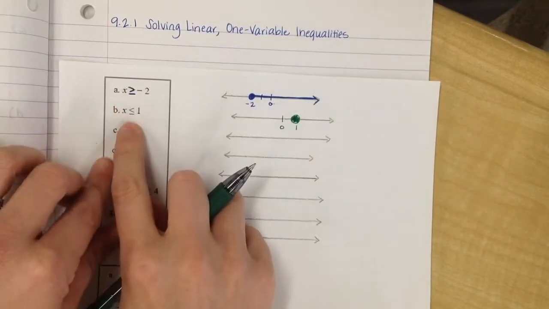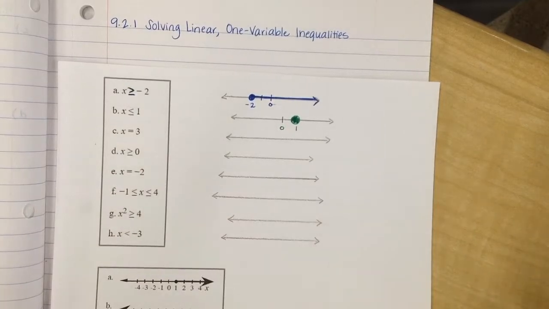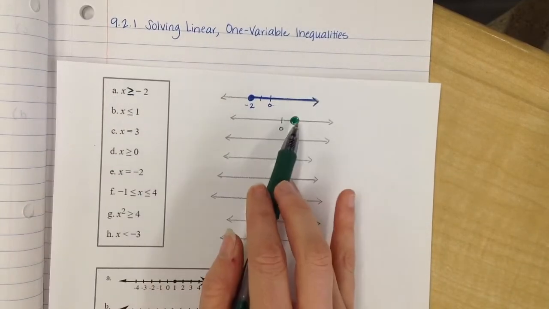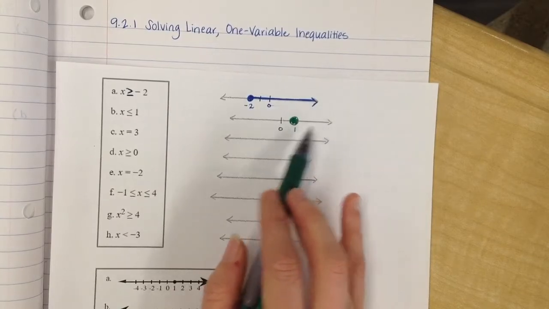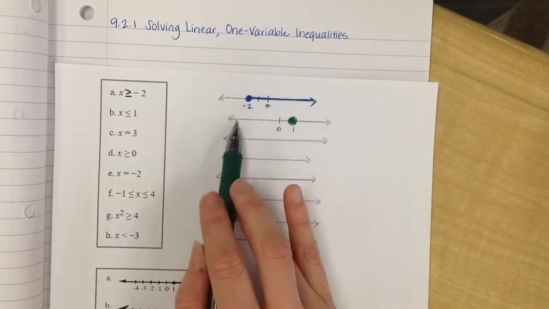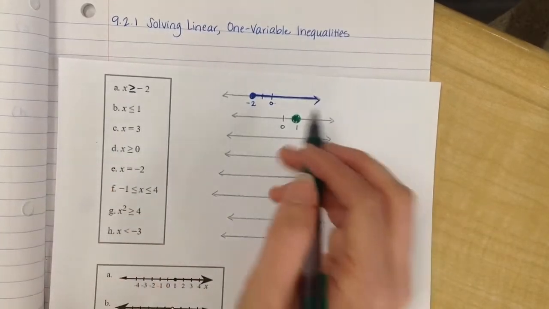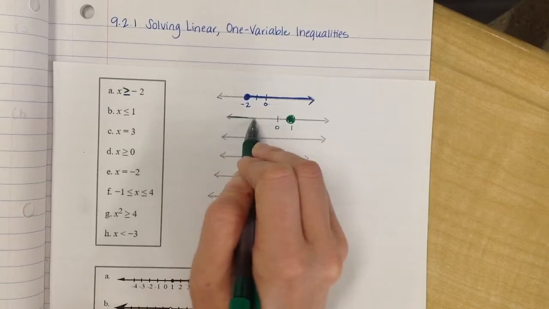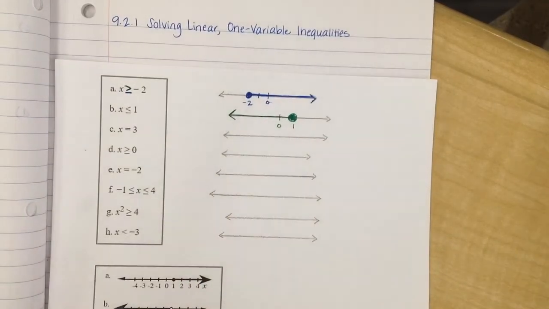Because again, the x could actually equal the 1. And then our third question is, is it going above? Is the x greater than the number? Or is the x smaller, less than the number? In this case, we have x is less than the value of 1. So therefore, I'm going to color it in like this, make my arrow, and there we go.